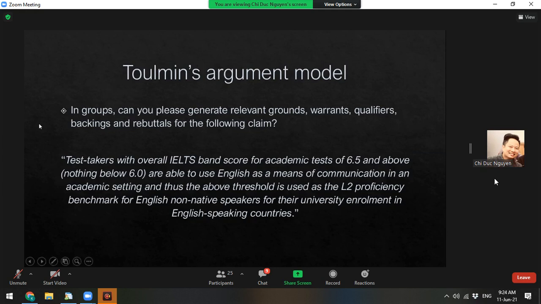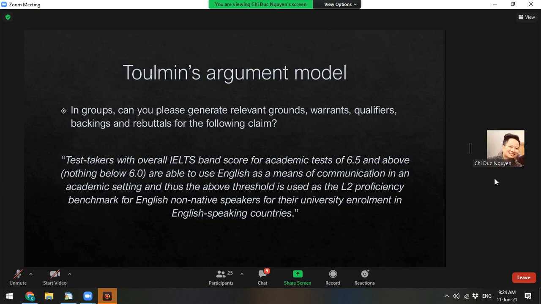Okay, so I will give you some time to look at the claim once again. And after that, I will send you to breakout rooms. And in these rooms, you are going to discuss with your partners in order to identify some kind of relevant grounds, warrants, qualifiers, backings, and rebuttals for this claim.